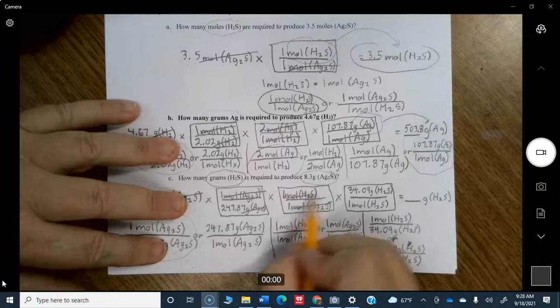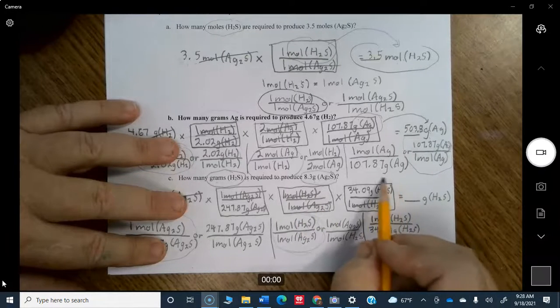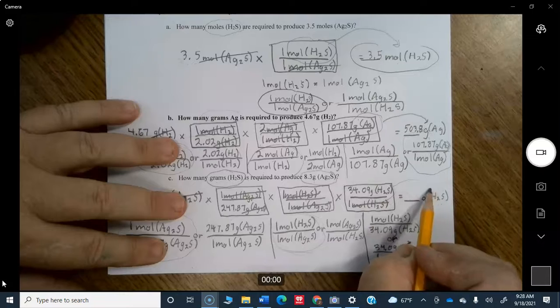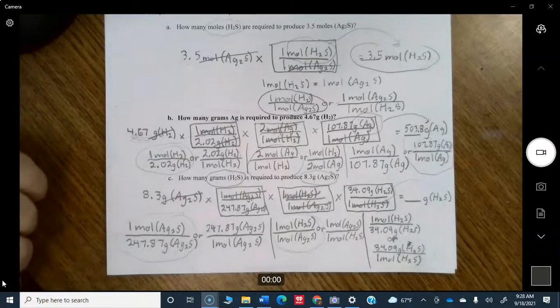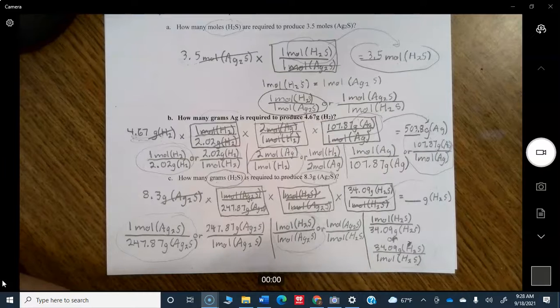Okay, moles of H2S cancels with moles of H2S. Grams of H2S is the only unit left, and that's in your final answer. That's what you want. So that means you set your numbers up correctly.